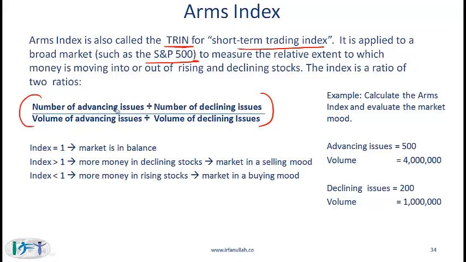Number of advancing issues divided by number of declining issues, divided by volume of advancing issues divided by volume of declining issues. And to help you understand this formula, I want you to do this example. Calculate the ARMS index and evaluate the market mood.